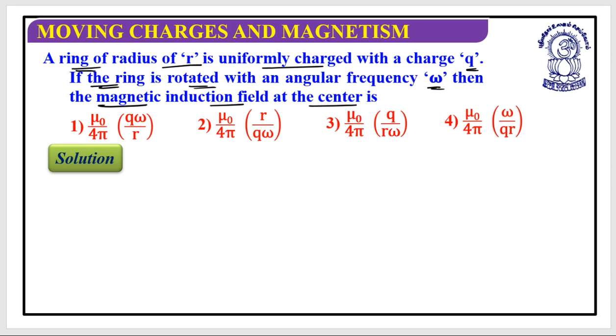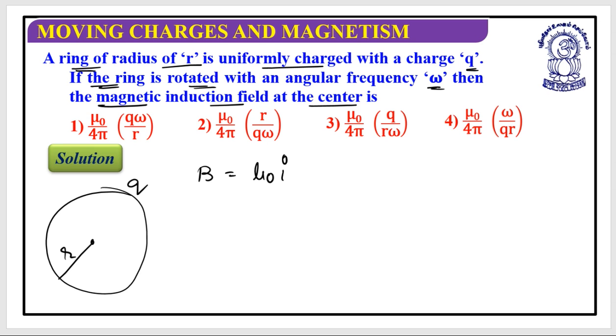So the situation must be something like this. It is a ring having a radius of r, uniformly charged with q, rotated with angular frequency omega. Then the magnetic field at the center, B, could be written as mu naught into I divided by 2 into R.